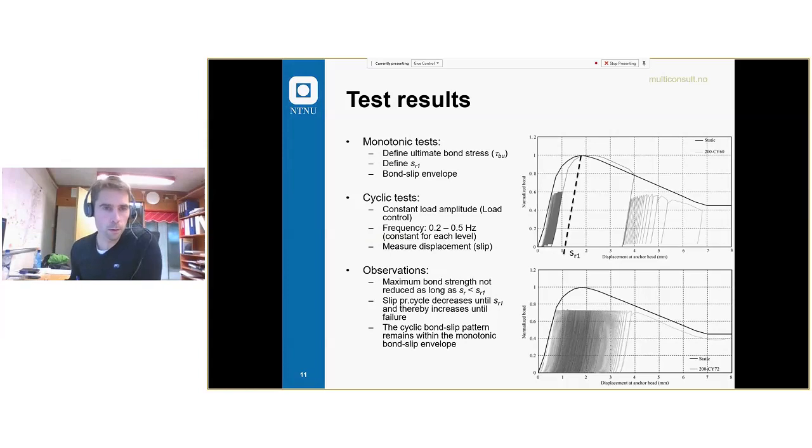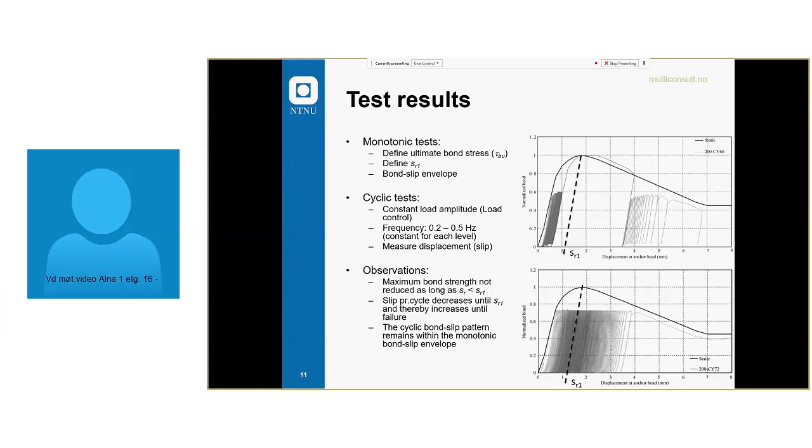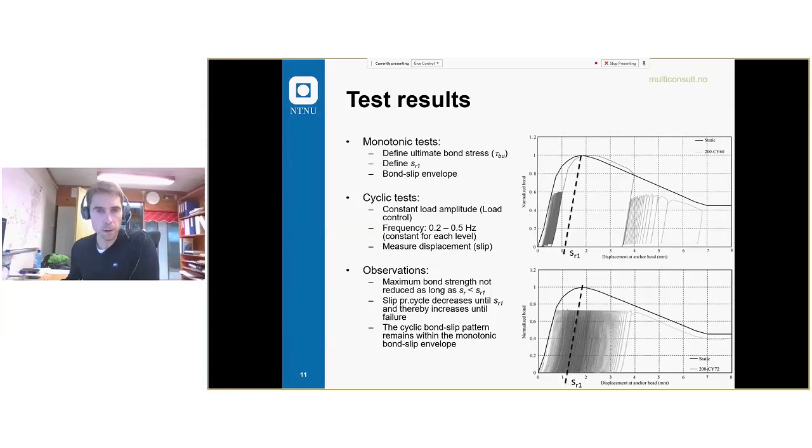Observations that we did: we see that the maximum bond strength did not reduce as long as the slip is less than SR1, our rock anchor reaches the peak value tau BU, as long as we have not passed this slip line. It means in principle that the capacity is not reduced even though we have a significant amount of cycles on this left side of the dotted line.